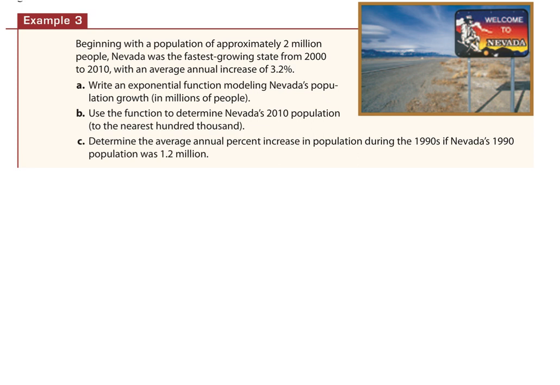All right, so when you have word problems then, you're going to read the word problem to figure out what your initial amount is, what your rate of change is, so that you can then get your growth factor. And so as we read through this problem, beginning with a population of 2 million, and they want us to do it in millions of people, they just told me my A, which is 2 million or 2.